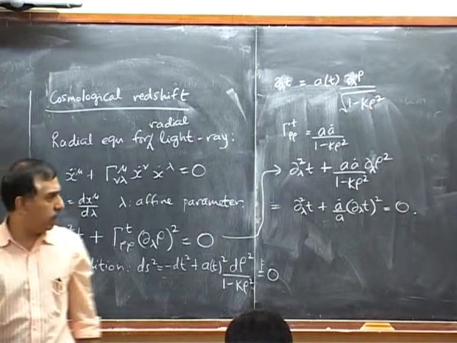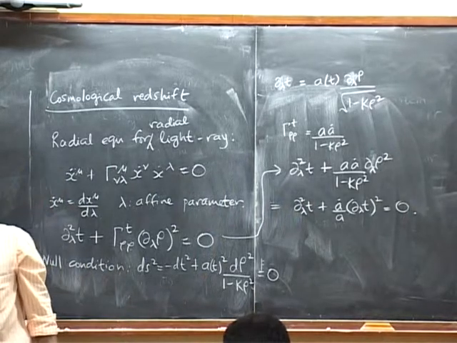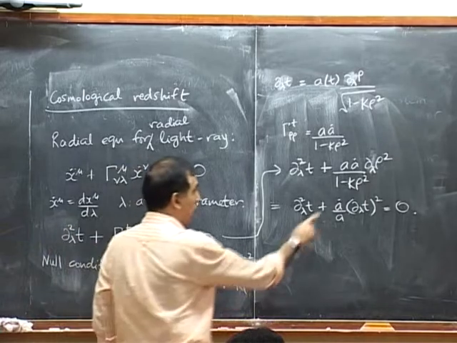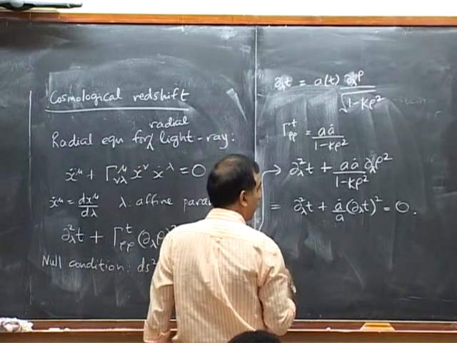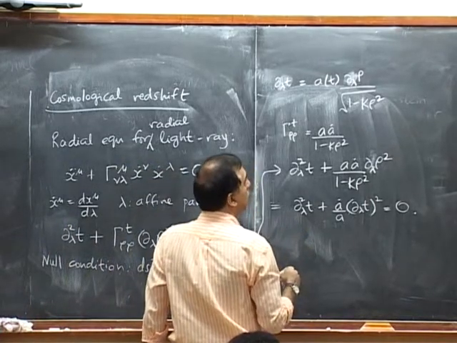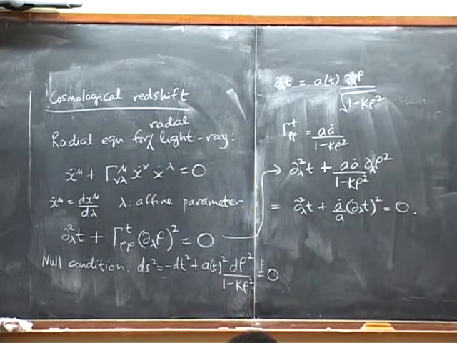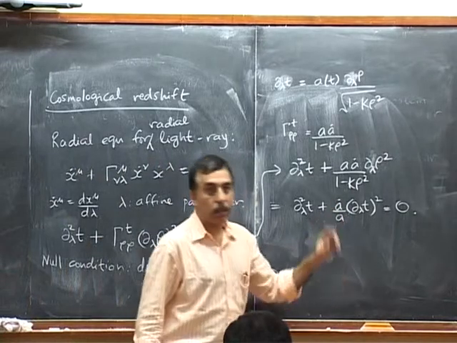Now we have enough information to find t as a function of lambda. Actually, that's not even the thing we need. We actually need only del lambda of t. That's even easier. But what is a dot?